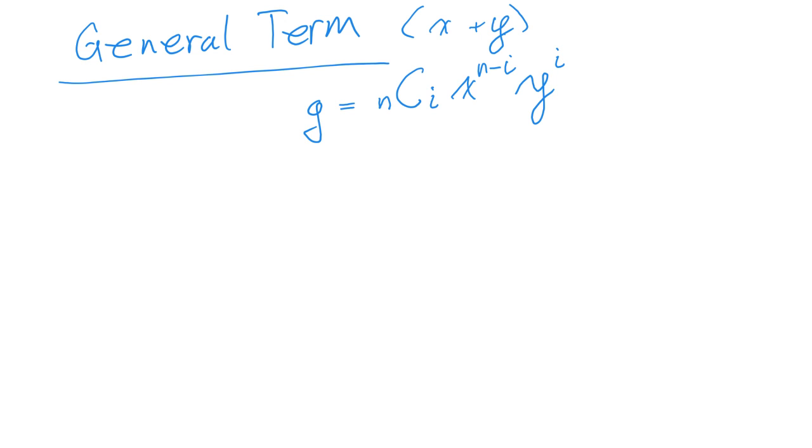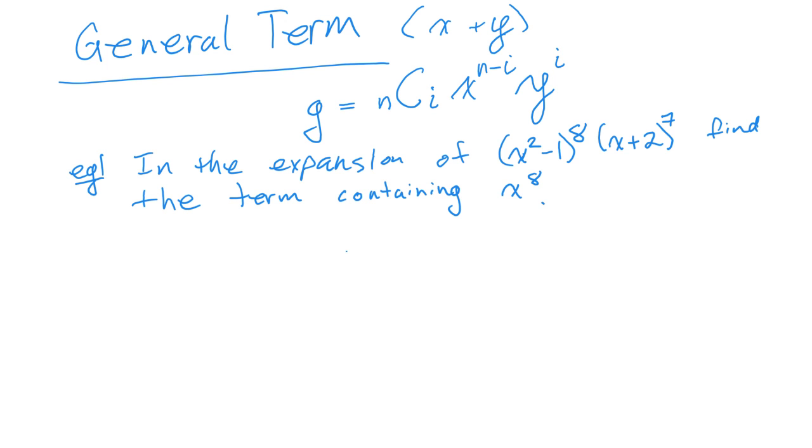We're going to use that to our advantage today. Imagine I'm asking you to find the expansion of x squared minus 1 to the 8 times x plus 2 to the 7, where I want you to find the term that contains x to the 8.